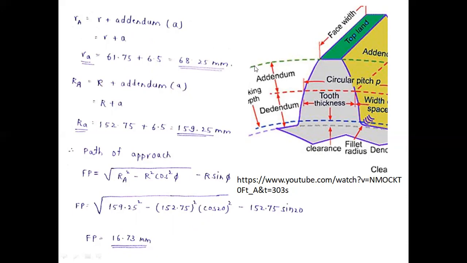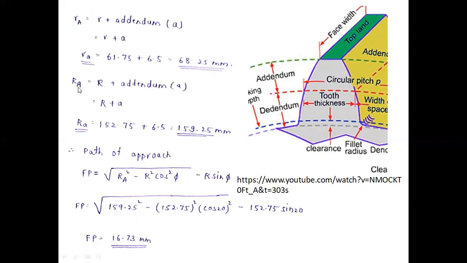This is the addendum circle shown in the green dotted line. So this is the addendum measured along a radius, as you can see in this figure. So r plus addendum a becomes ra, the addendum circle radius. ra is equal to the pitch circle radius plus the addendum, 6.5 mm, so it will become 68.25 mm.